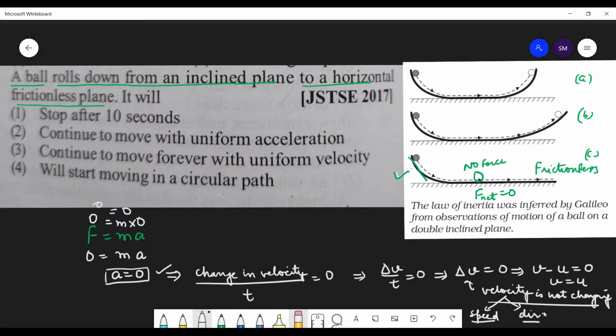Yes, sir. Then, so which option do you think is the correct one? Sir, option 3. Yes, Piyush. Option 3. Okay.